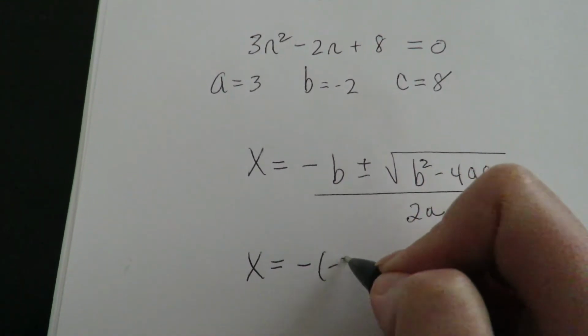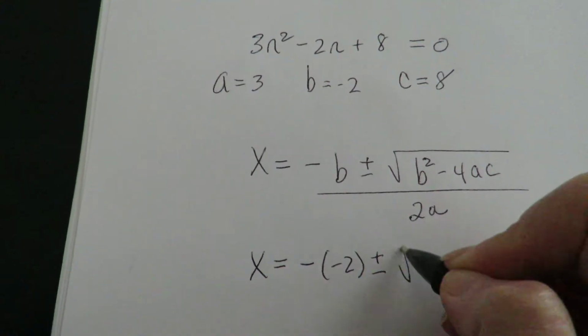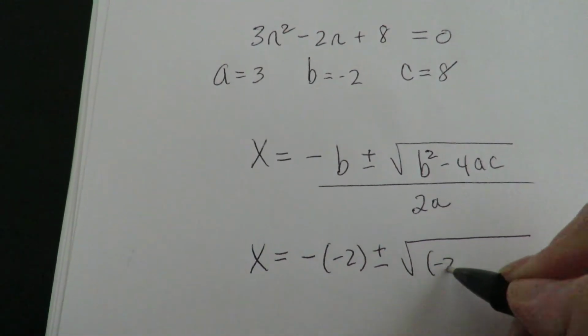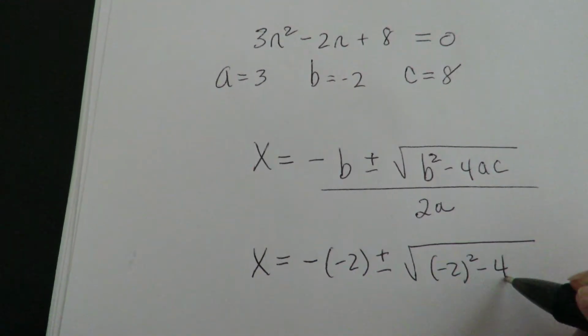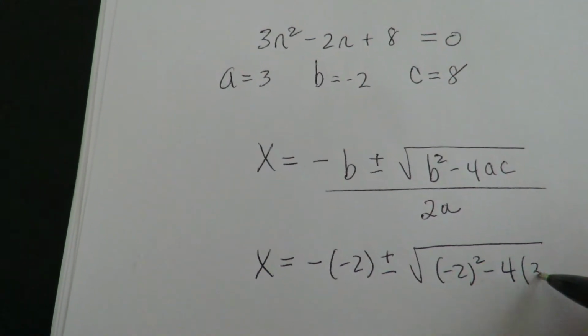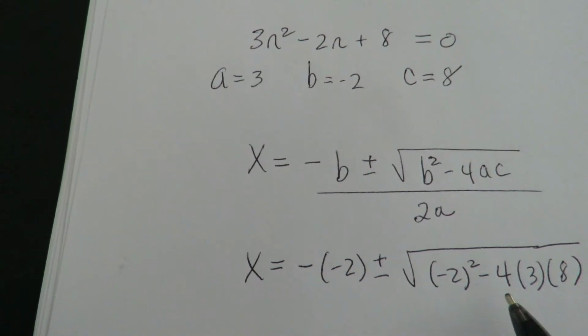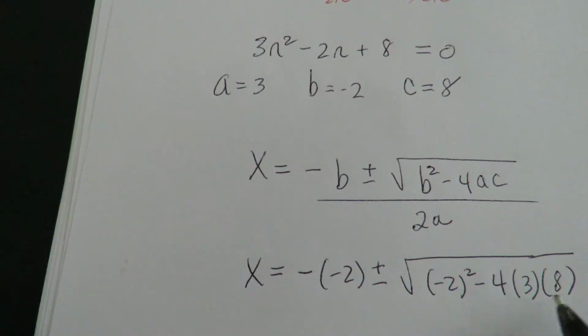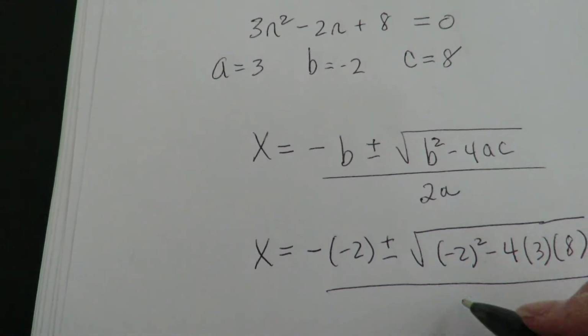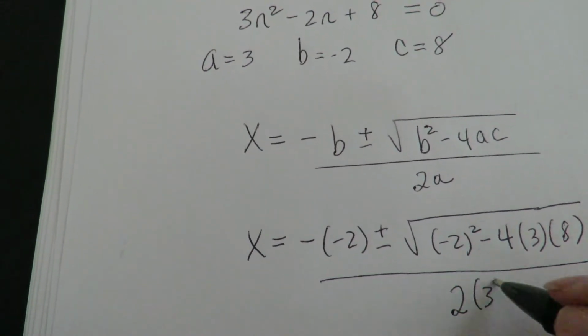So in -2, -2 squared minus 4 times 3 times 8. Let me just make sure I got that. -4 times 3 times 8, okay? Over 2 times 3.